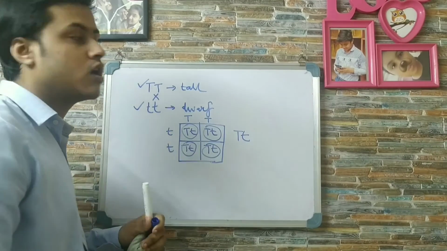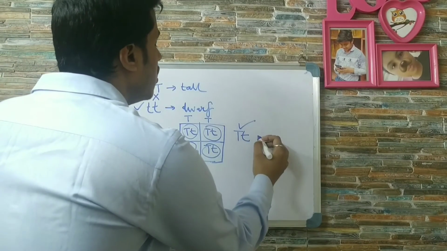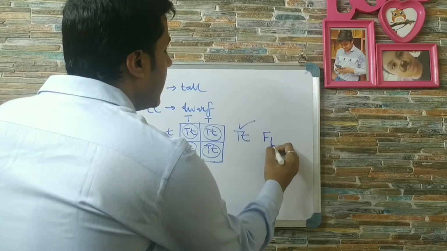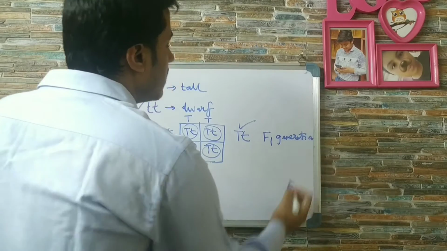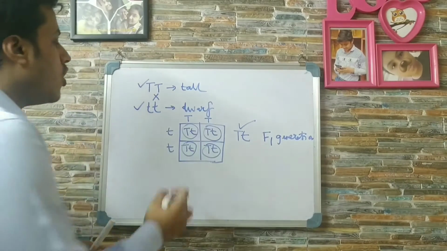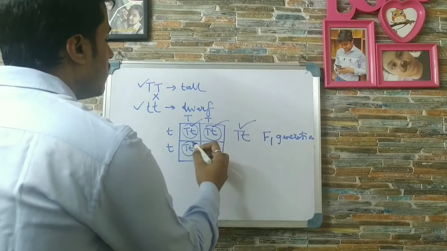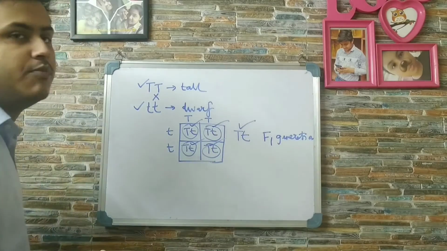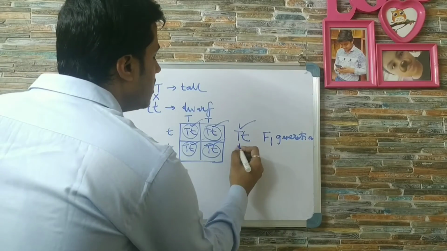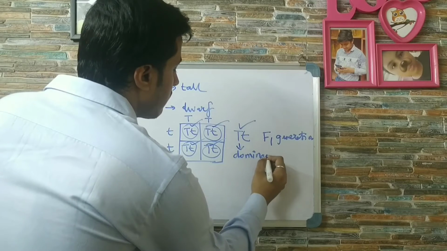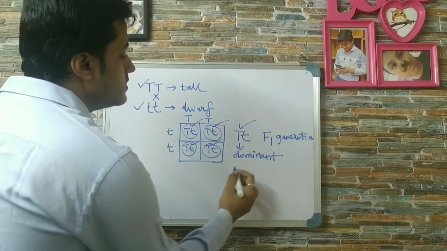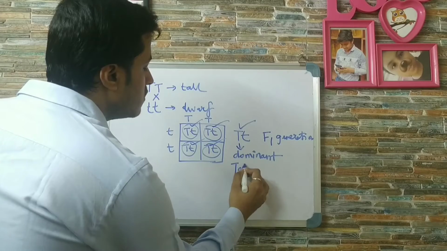Now this is what we call a hybrid, and this is called F1 generation. In F1 generation, all offspring are hybrid and they are dominant. That is, all are tall.